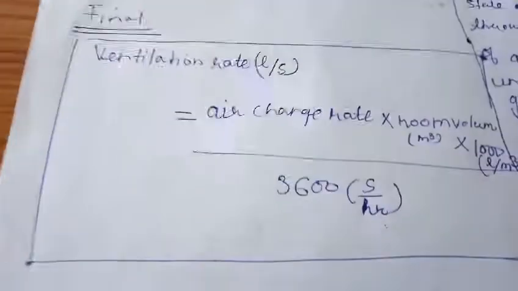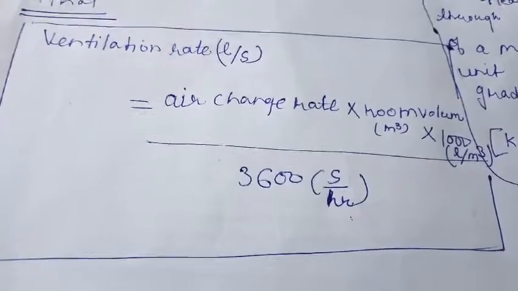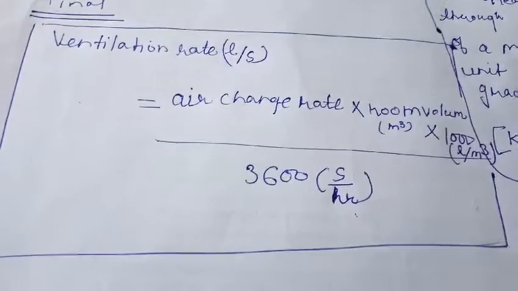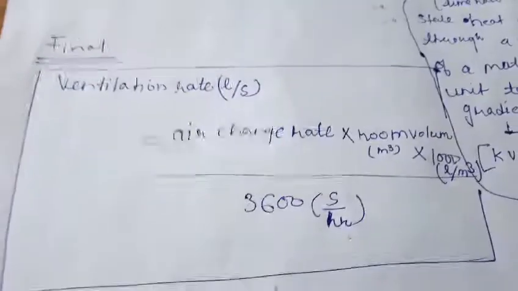And ventilation rate again is air change rate into room volume in cubic meter into 1000 by 3600.